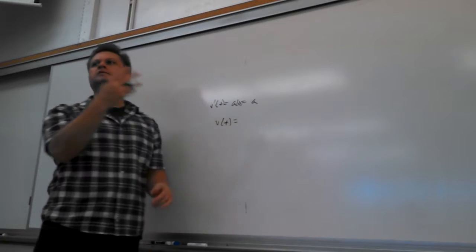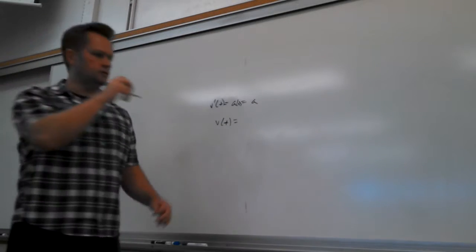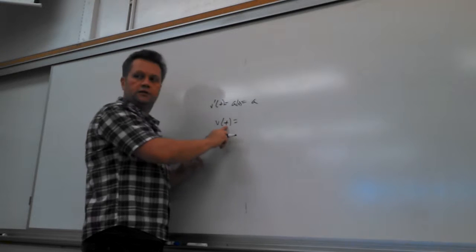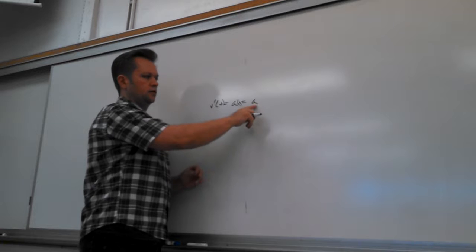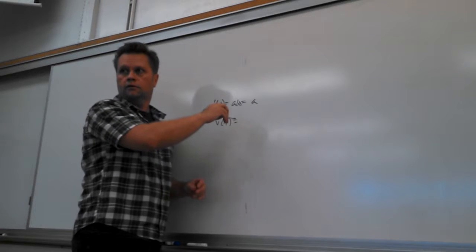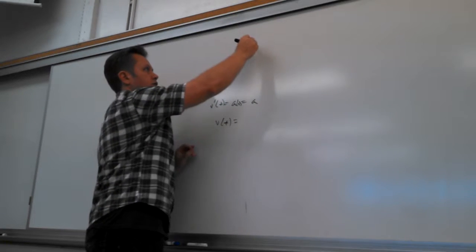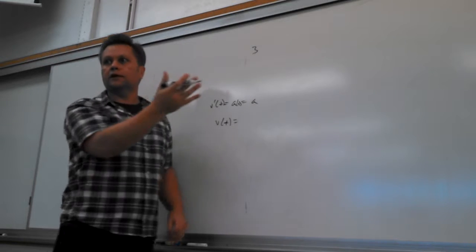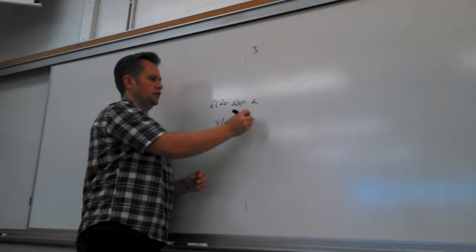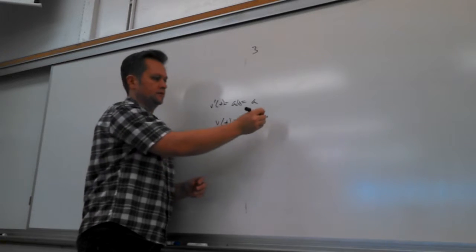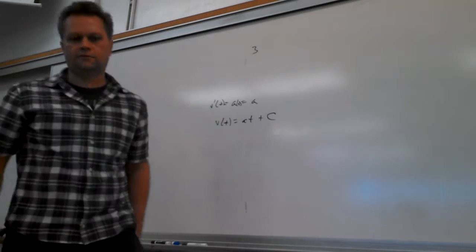I anti-differentiate that. My variable is T, right? So if we anti-differentiate that, it's like the antiderivative of 3, it would be 3x. Well, AT is basically plus C. That's it.